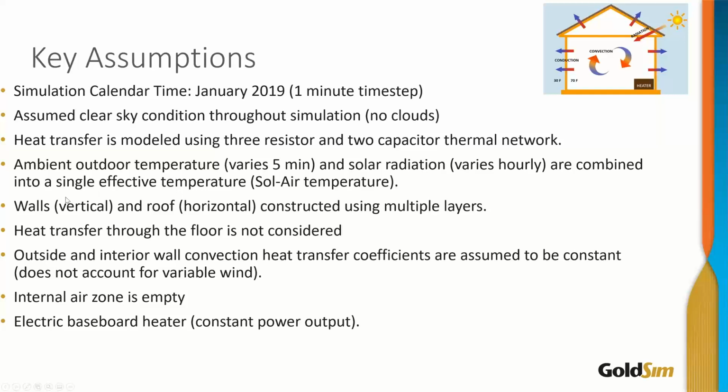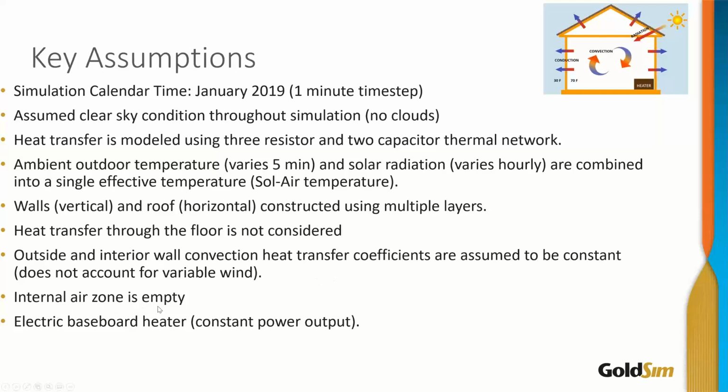The walls are vertical, the roof is horizontal, both of which are constructed of multiple layers. We are not considering heat transfer through the floor, and constants are used for the outside and inside wall surface heat transfer coefficient, meaning there's no variable wind.